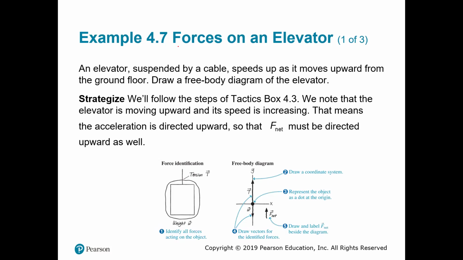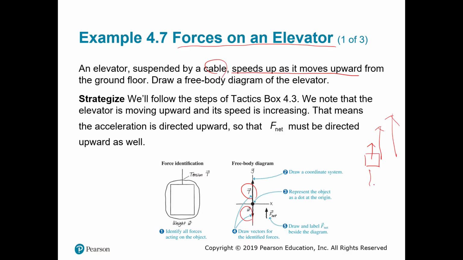Again, a similar example we did: forces on an elevator. An elevator suspended by a cable. Again, we have a tension and weight acting up and down, right? And this time, it is speeding up as it moves upward. The situation is the same: you have an elevator or an object moving upward but speeding up. So which direction of force do you have to apply?